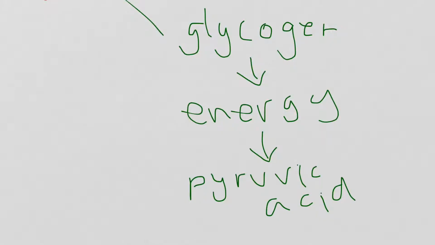So once again, we're using glycogen to break down and produce us energy, and then that's going to be used to resynthesize our ATP. Again, the byproduct here is pyruvic acid. However, this time we do have the presence of oxygen here.